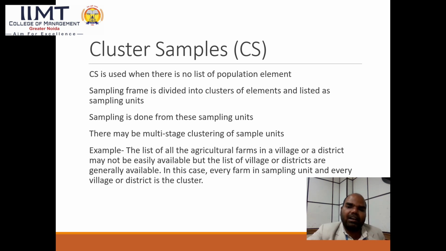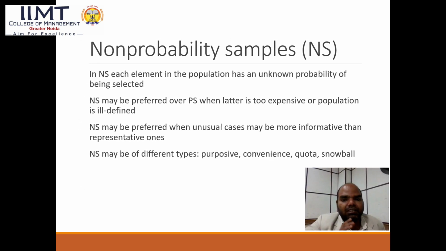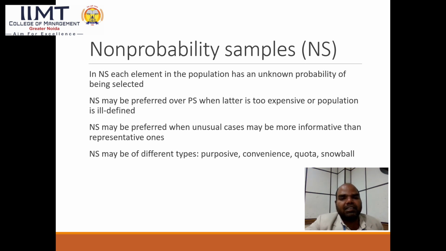Now the other sampling types, non-probability sampling. In non-probability sampling, each element in the population has an unknown probability of selection.